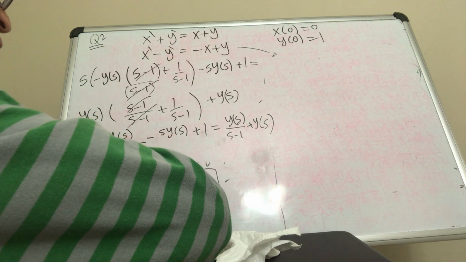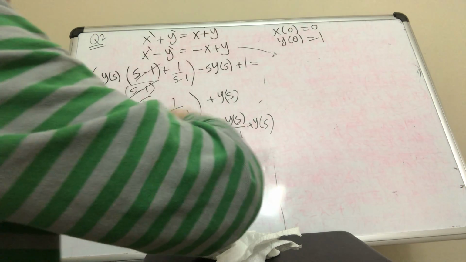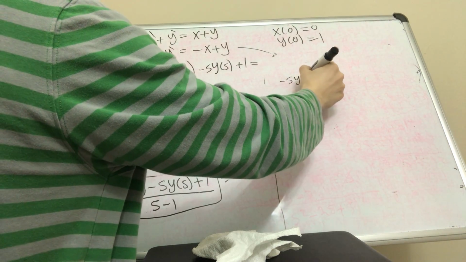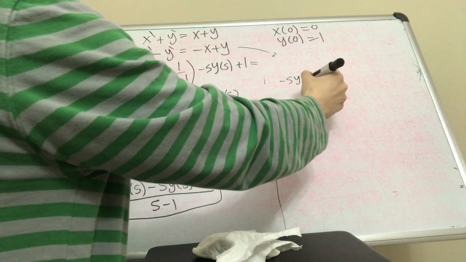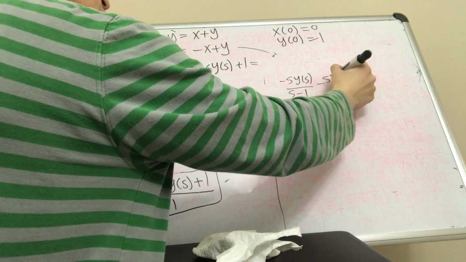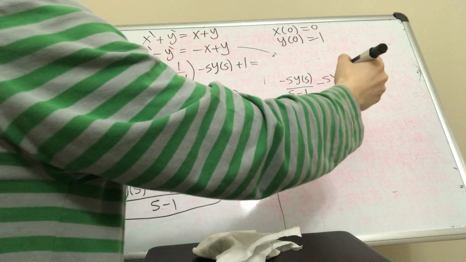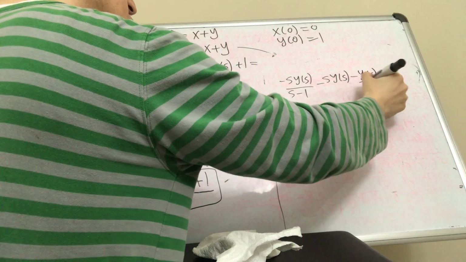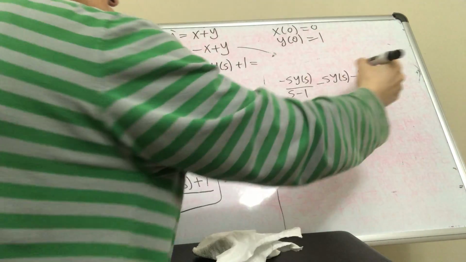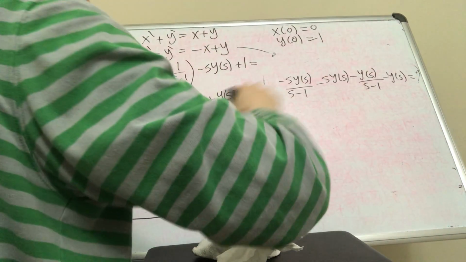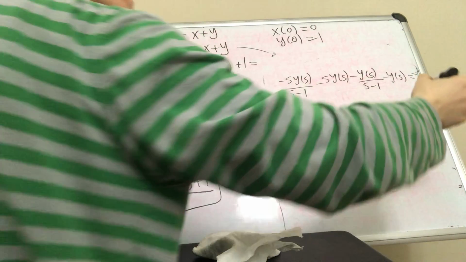Bring everything over, so you have negative s y of s over s minus 1, s y of s. Bring this y of s, s minus 1, bring this minus y of s, and bring the one negative 1.